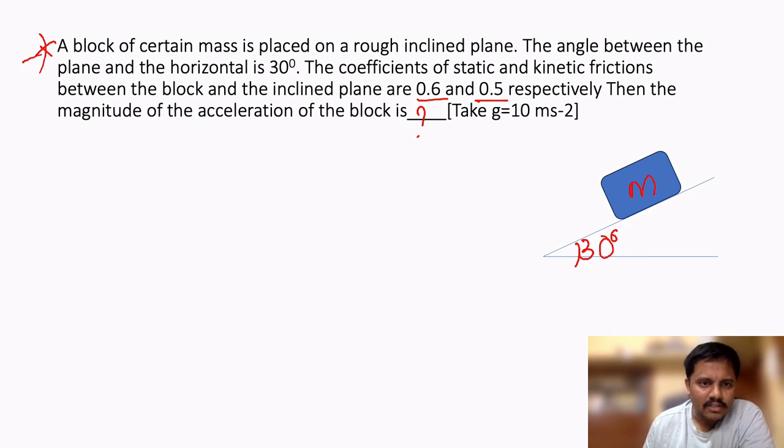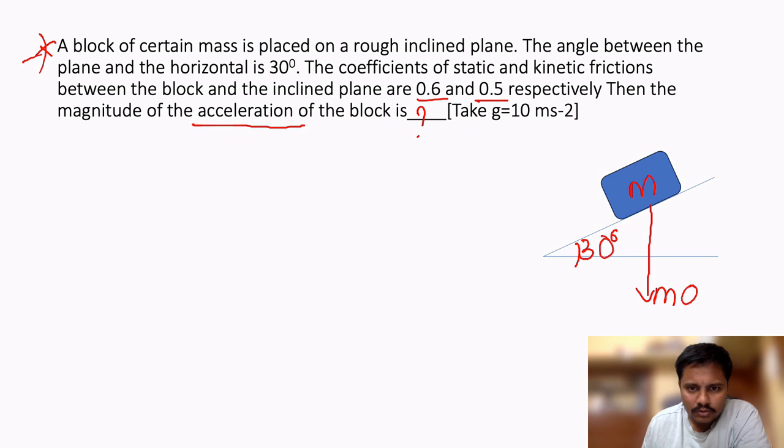To find the acceleration, we need to know the force. If we know the force, then only we can calculate the acceleration. So first we should calculate the forces acting on the block. That is, mg is the only force acting on the block. Because it is an inclined plane, this mg provides a normal reaction force as well, that is mg cos theta.